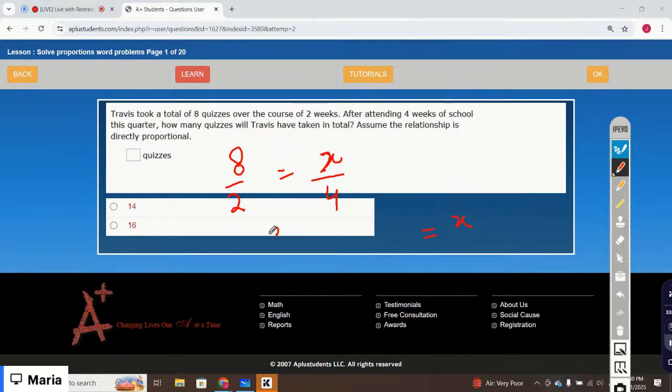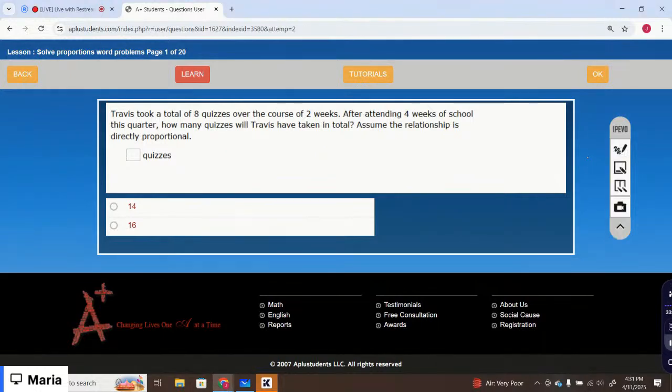So just solve for x: 8 times 4 over 2. So 8 times 4 is 32, divided by 2. Option number 2 is the correct option. 16 it is.